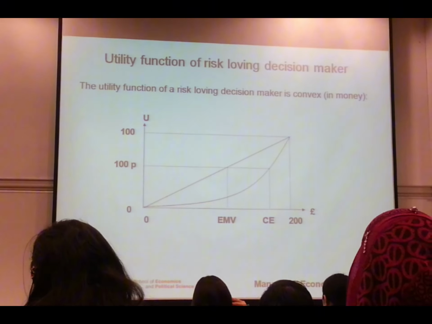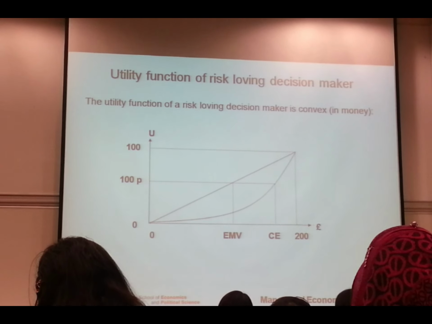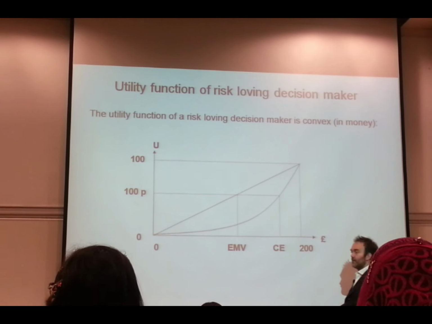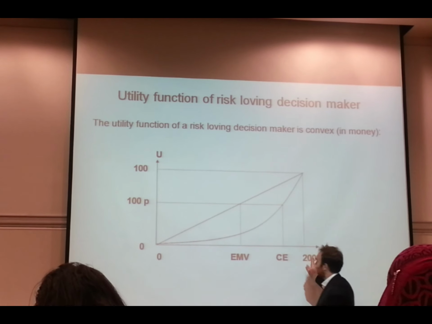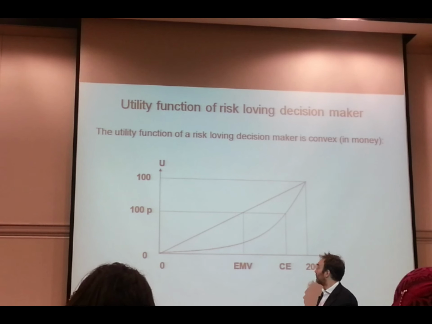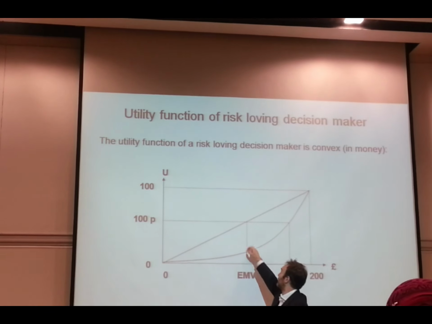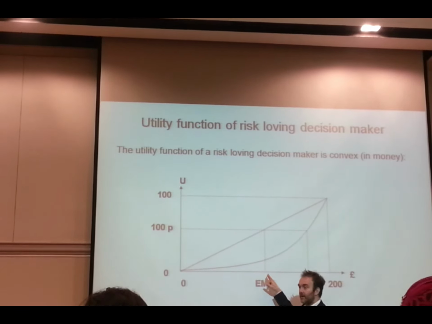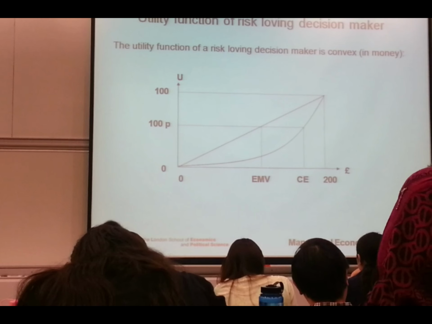So same thing if we look at a risk-loving decision maker. It's just that the curvature is different. The curvature goes the other way. Now what this means here is that if a risk-loving decision maker plays a lottery between 0 and 200, and the expected monetary value is this, he's going to compare the expected utility of the lottery, which again is 100 times p, and the utility he gets from a certain amount, from getting paid the same amount for sure.